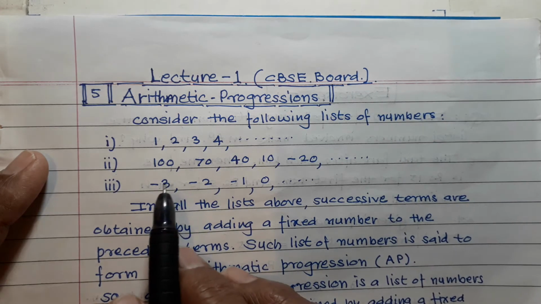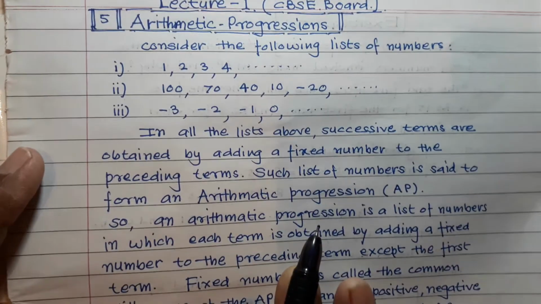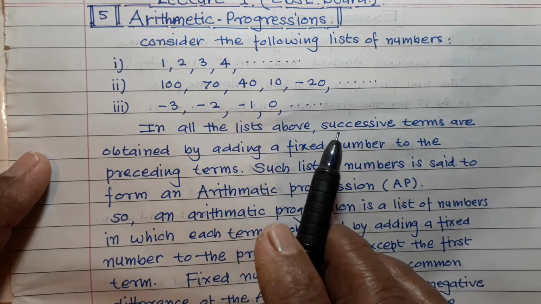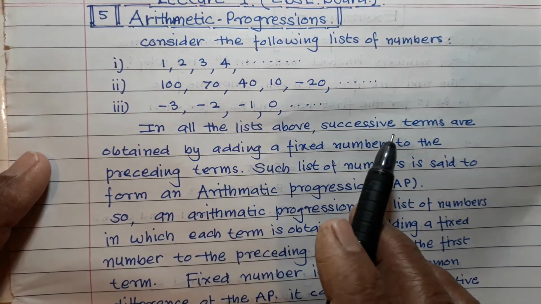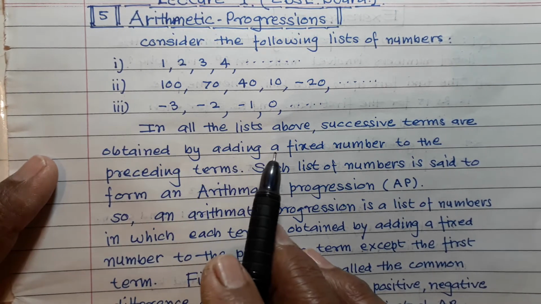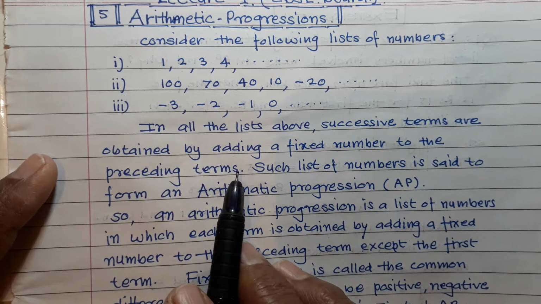Now, if you observe these lists, you will find that in all the lists above, successive terms are obtained by adding a fixed number to the preceding term.